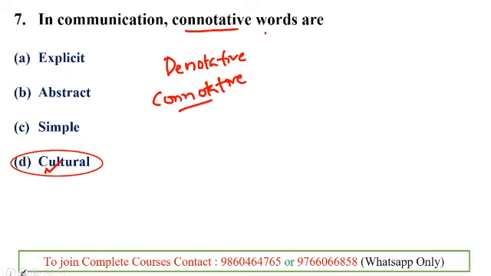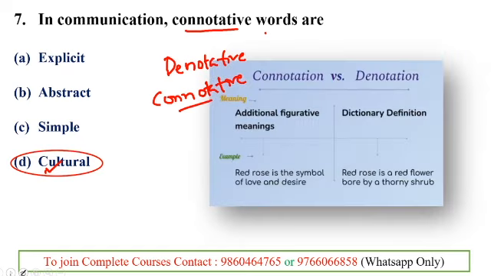For your clarification in this concept, they provide connotation and denotation versus. In connotation you can see the additional figurative meaning; through connotation you get a figurative form of information. For example, a red rose is a symbol of love and desire.